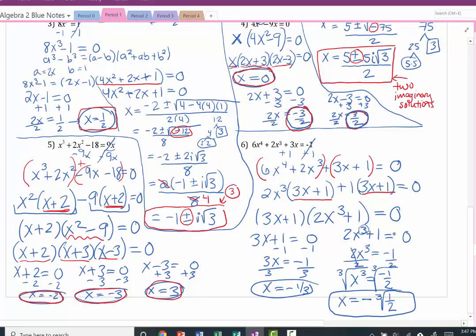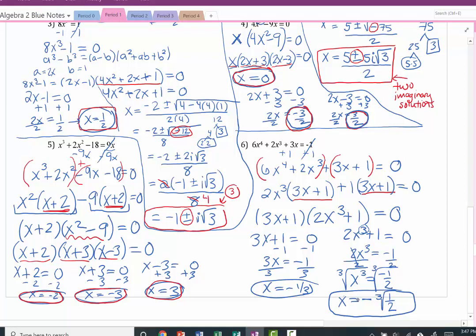Now I know that there are 2 other imaginary solutions. If I were to factor this out using the sum of cubes formula and using a as the cube root of 2, I could solve for those other 2 imaginary solutions. But at this level, we're going to just stop here for this particular one, since 2 is not a perfect cube, and just find these 2 real answers.